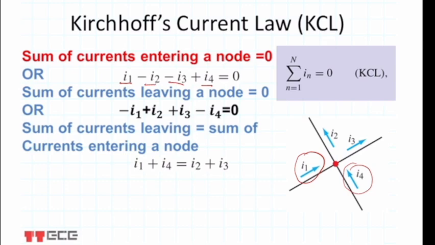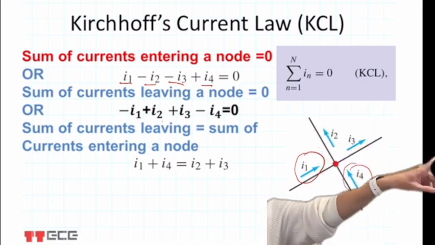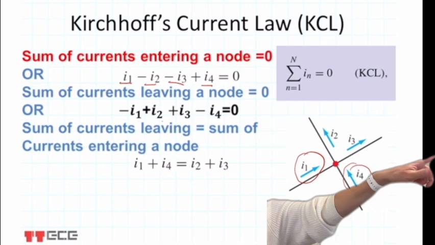So if you like that, then you could use those conventions, or you could leave those leaving a node as positive, then you would have the opposite of the first equation. So whichever way you like to write it, you just stick with that convention and then don't change. So pick a convention you like and then always do the same thing. So do it different ways for different circuits, and then whatever one you like, be like, I like this way. I find mechanical engineering students for some reason like the last one the most.